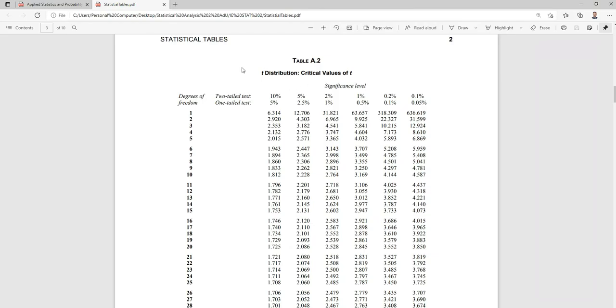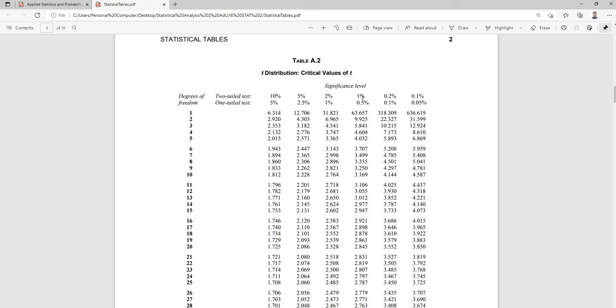This is a statistical table for t distribution, critical values of t, and we will seek the reference value. First is we determine the significance level. We can see here the given 0.01 or 1% is in this column, and then next is find the degrees of freedom.